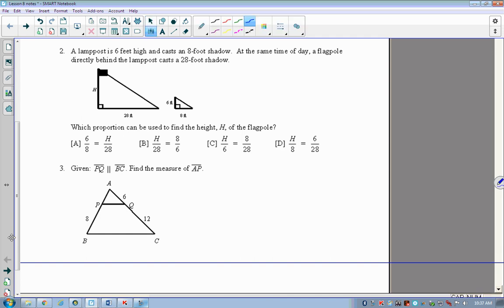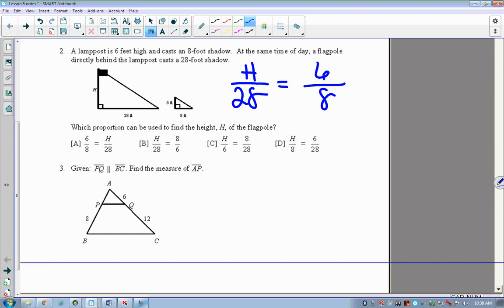Well, let's just do this for now. What kind of proportion would you set up to solve for h, Katie? H over what? H over 28, okay, equals what? 6 over 8.